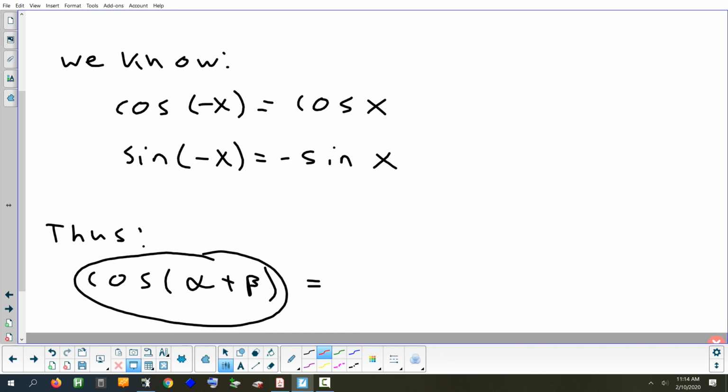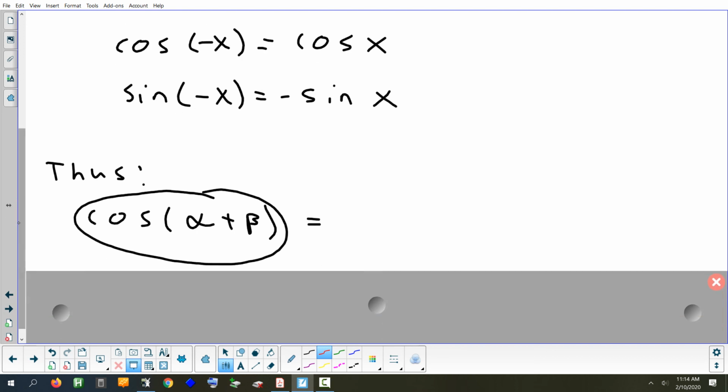So we have a cosine sum. The only formula we know right now is the cosine difference. So we're going to have to write that somehow as a cosine difference. If you can figure out how to write that sum as a difference, then we can use the formula we already know, figure out what it is, and then we'll have it, and we won't have to figure it out again.